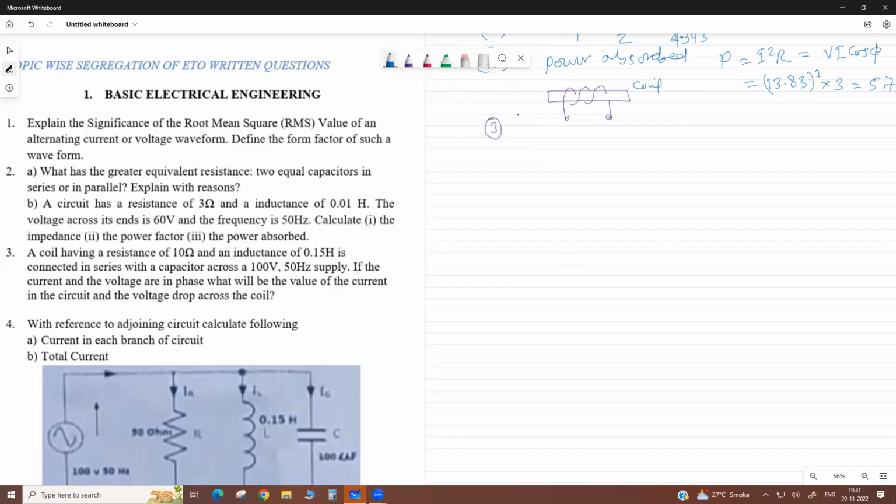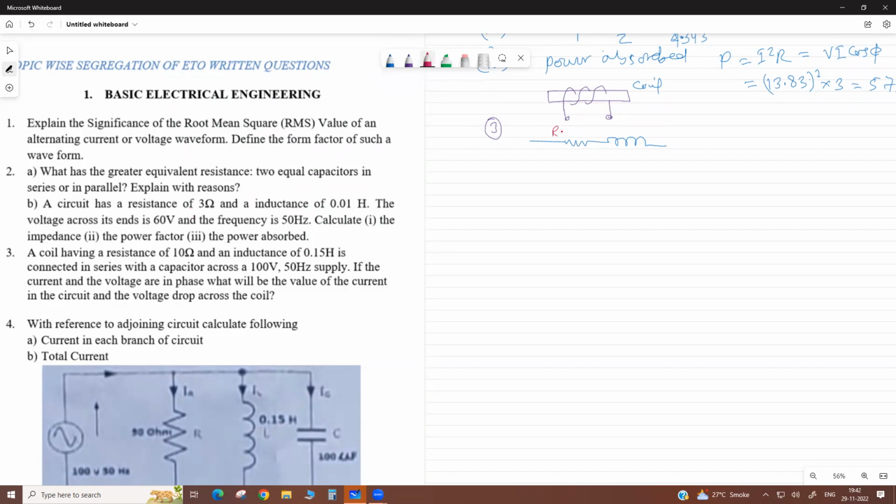So the equivalent circuit of this has a resistance and a reactance, the inductance. The inductor. This is a coil which has a resistance.